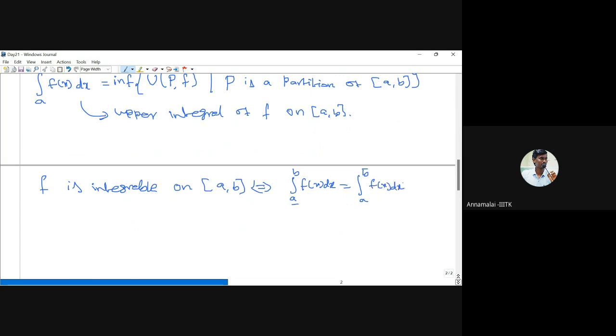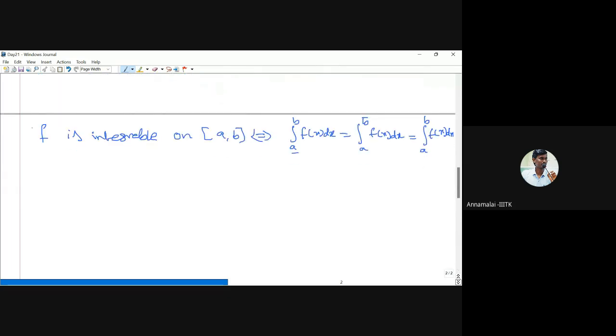So when the lower integral and upper integral are equal, we call the common value the integral from a to b of f(x) dx. Then we say f is integrable. So simply we denote f belongs to script R, sometimes written script R of [a, b]. Script R is the set of all Riemann integrable functions.